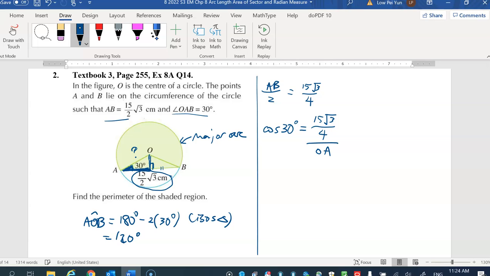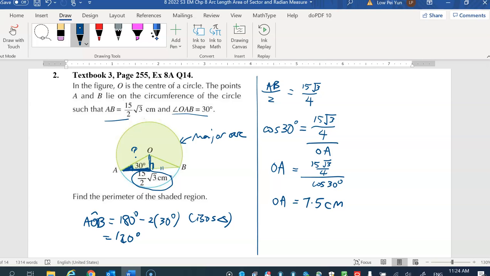So OA equals 15 root 3 over 4, divided by cosine 30 degrees. After you calculate, amazingly, you get an exact answer of 7.5 cm. 7.5 cm. Alright, so here we go.